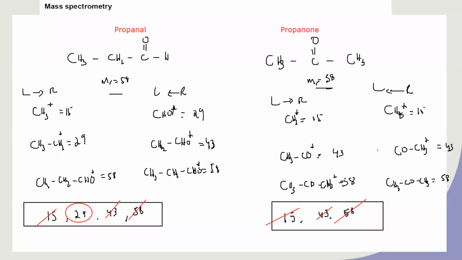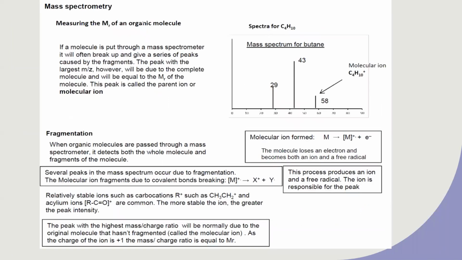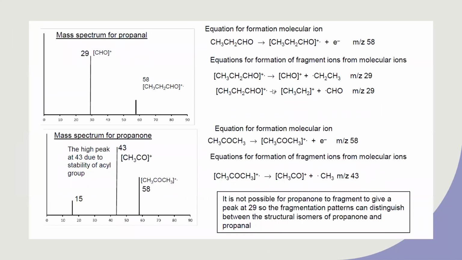So using a mass spectrometer, we can work out the possible fragments and the number of the peaks. This is the same example I already discussed with you, like how we can distinguish. So it is not possible for propanol to have a peak at 29. So that can be used to distinguish which compound is there. Two compounds may have the same molecular formula, but they have different structures.